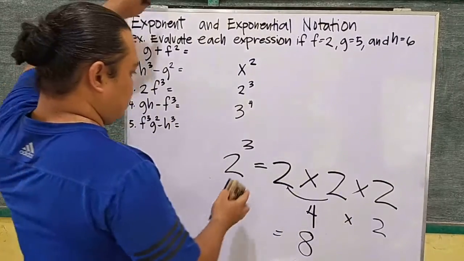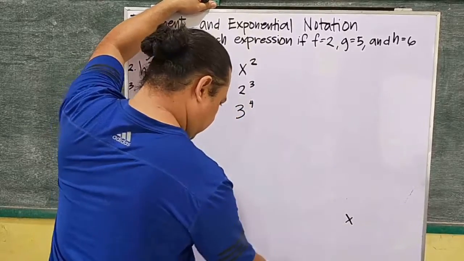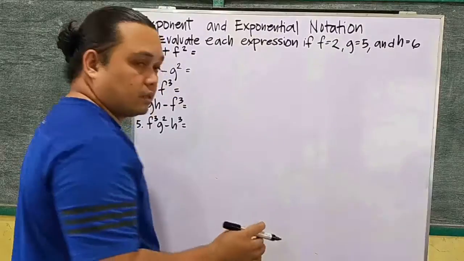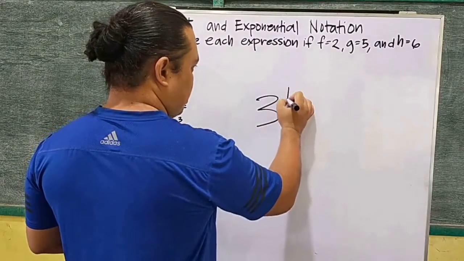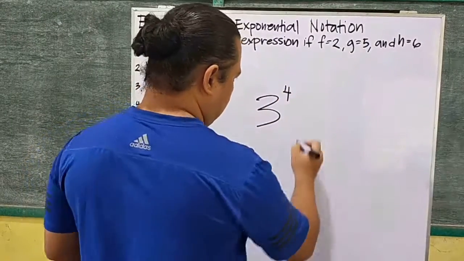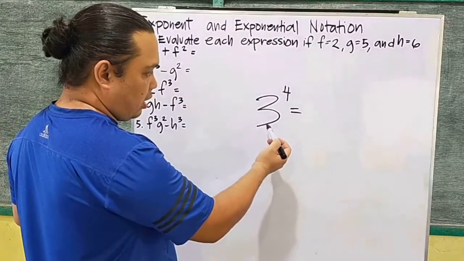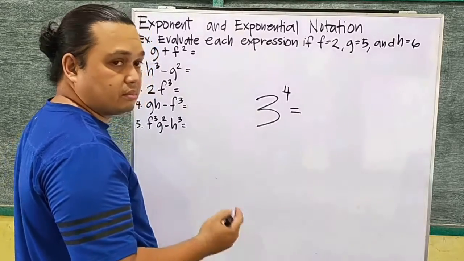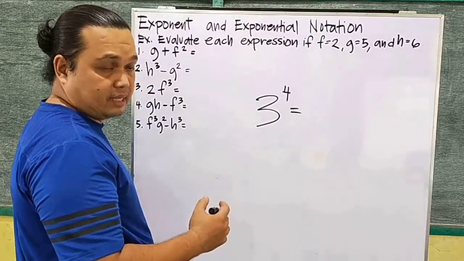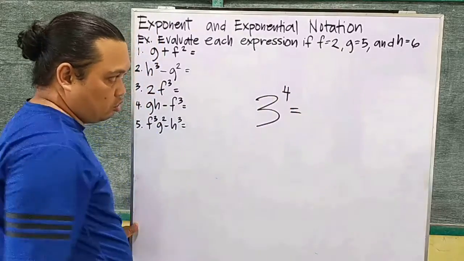We have here 3 raised to the power of 4. 3 is our base, 4 here is our exponent, and 3 raised to the power of 4 is our exponential notation.